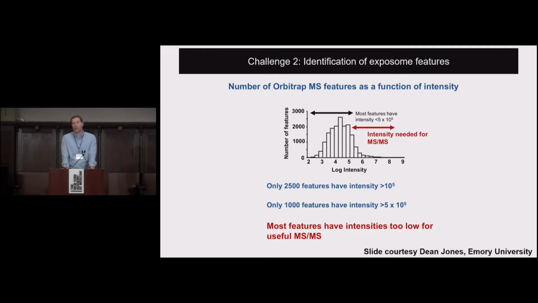However, the challenge with MSMS is that we need relatively high abundant peaks to get good spectra that allow us to characterize the structure of those molecules. And as I discussed previously, most of our exposome biomarkers are at very low concentrations, and that does not allow us to generate the high quality MSMS data that we need to determine or predict the identification of many of our molecules.